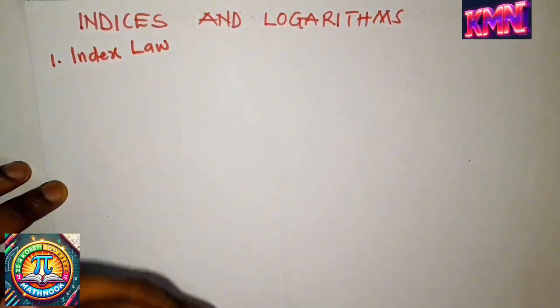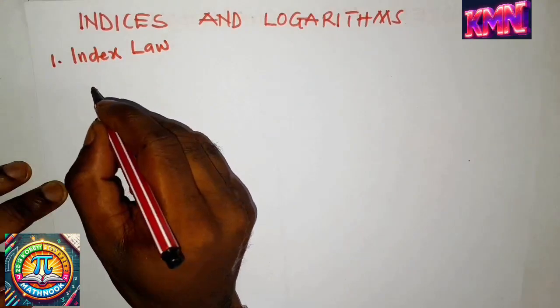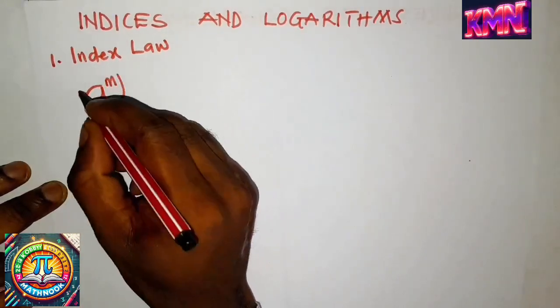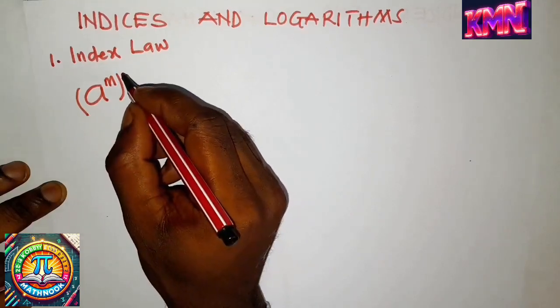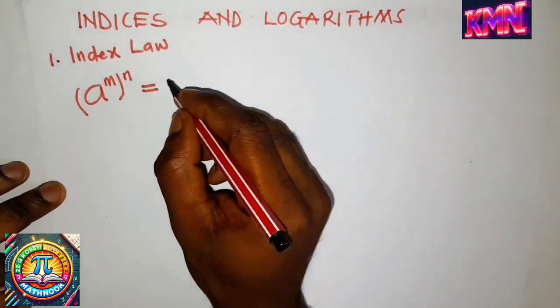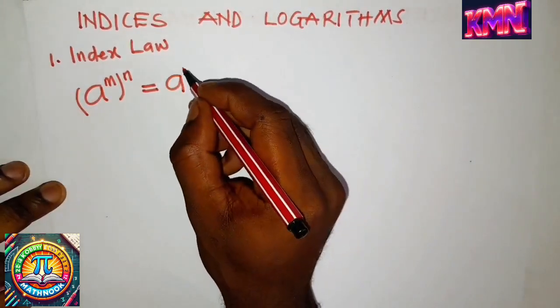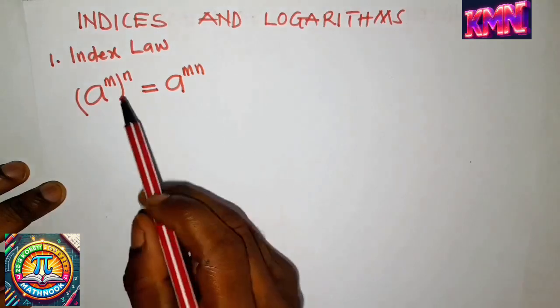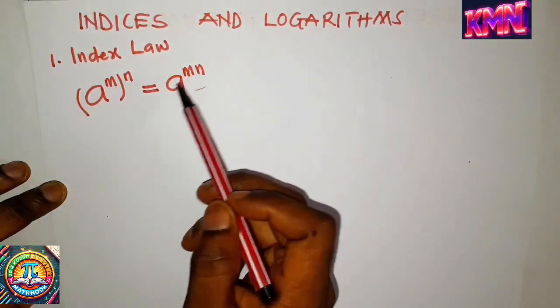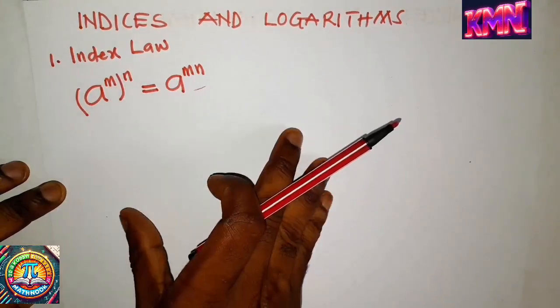The index law states that if you have a to an exponent m, raised to an exponent n, then that will give us a exponent mn. All that you need to do is multiply the exponents, and that will be the result.